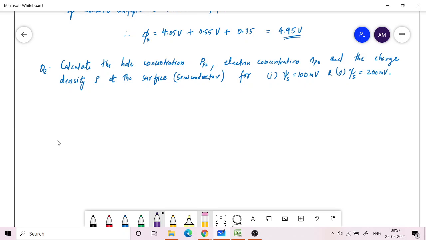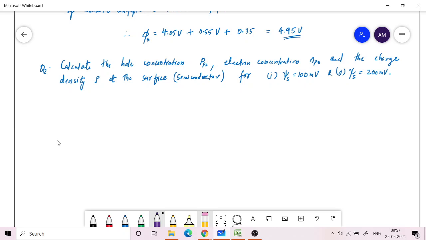So the way we have explained earlier, when we apply the positive voltage, in the metal region the Fermi level will go down, and that will give you a bending in both the oxide and semiconductor interface.